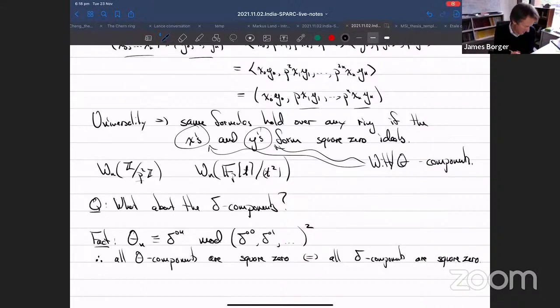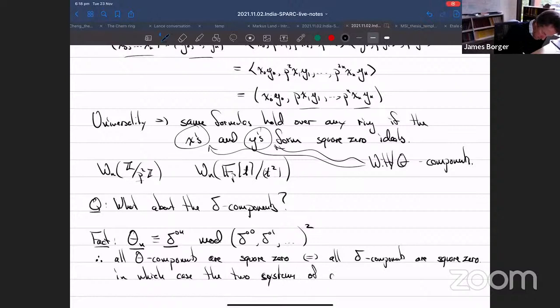So in fact, the same formulas hold, in which case the two systems of components agree.